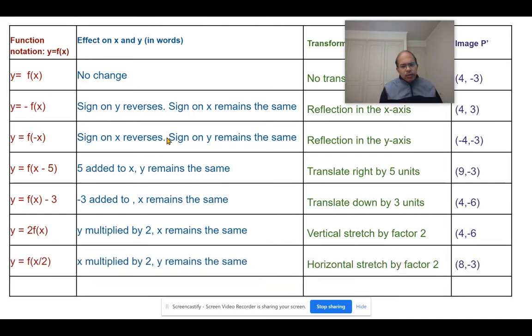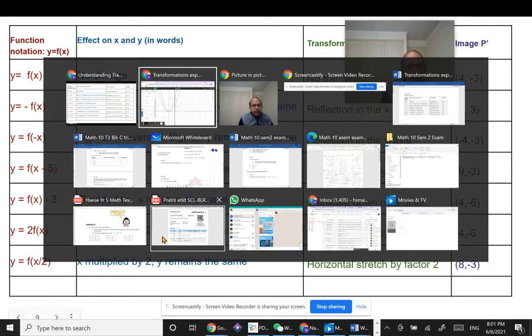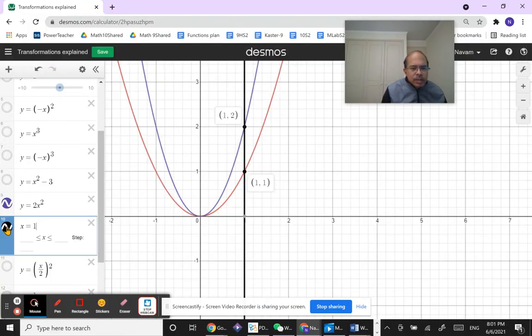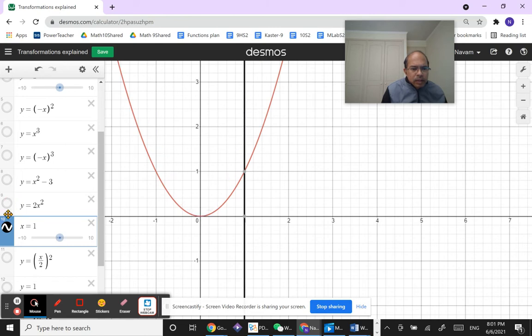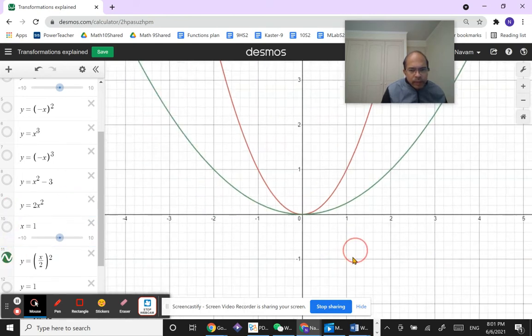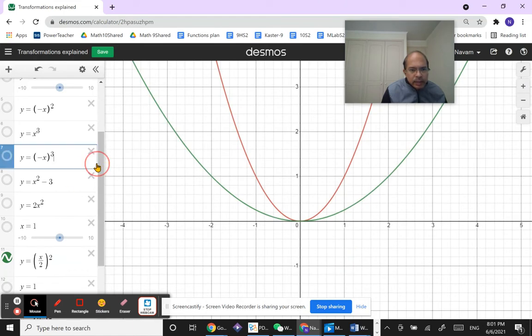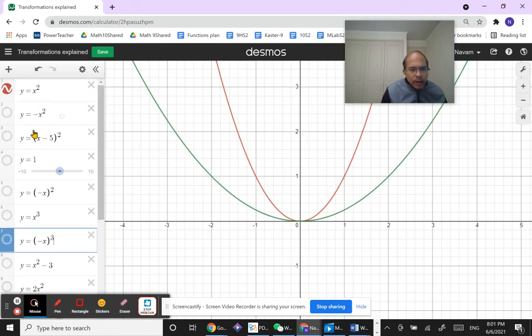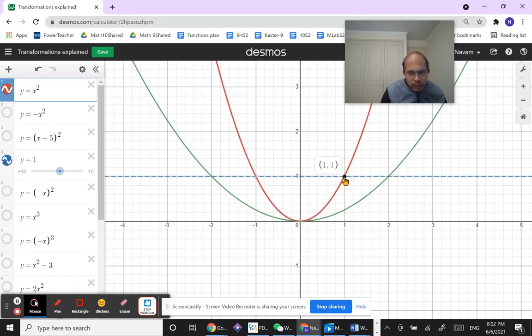If y equals f of x divided by 2, let's look at how the function is represented. So you have x divided by 2, whole squared, and let's use a guide y equals 1 to see how the x values are changing. The original curve and the new curve have different values of x for the same value of y.